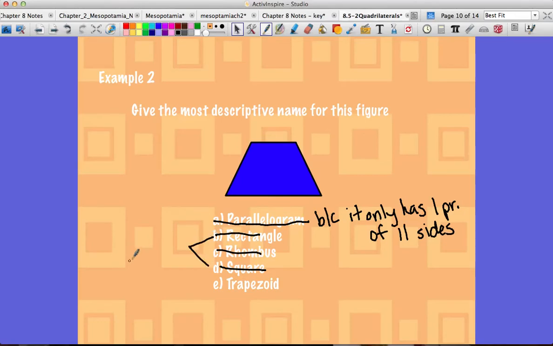And your example for that can be the same thing. It only has 1 pair of parallel sides, or you can say because it is not a parallelogram, it cannot be any of these, because all of these are types of parallelograms. So the most descriptive name is trapezoid.